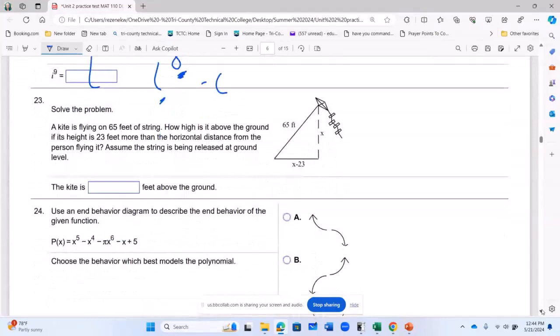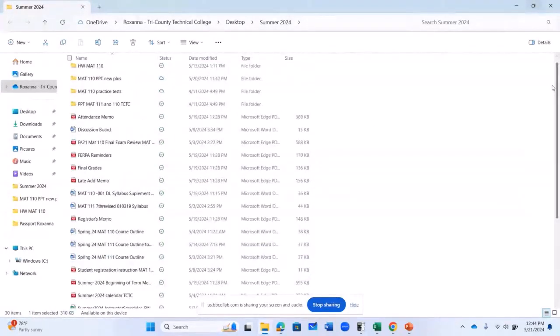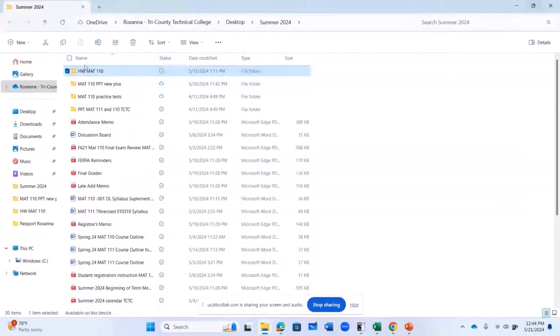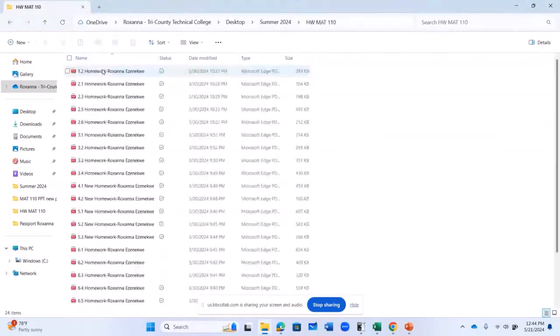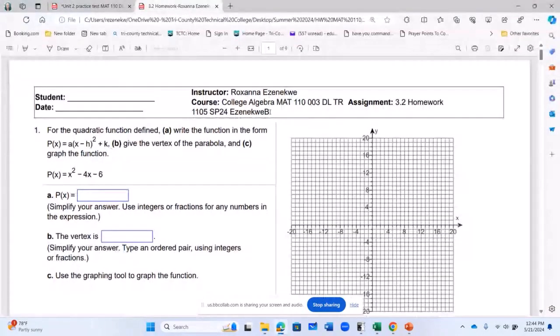All right, so this time we go to practice test 2, the homework for practice test 2. Okay, it's already open. I'm looking for 3.2. This question says, for the quadratic function defined, write the function in vertex form.